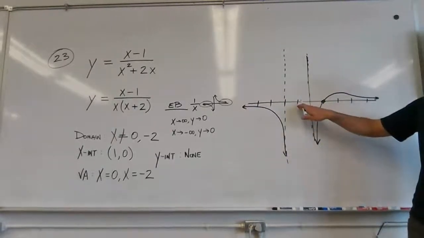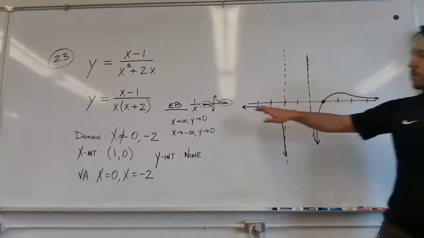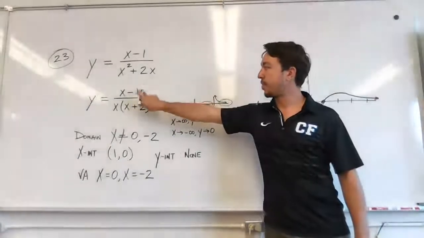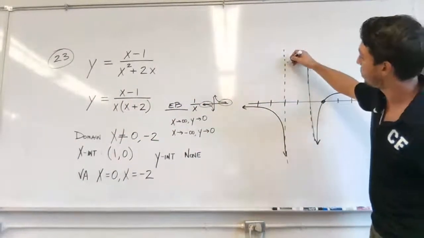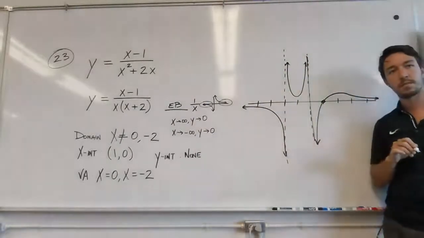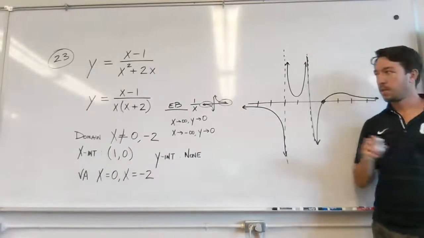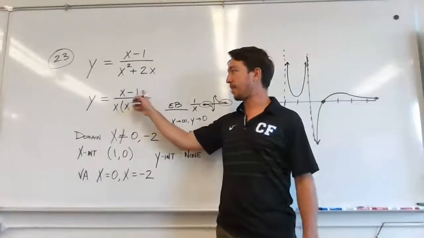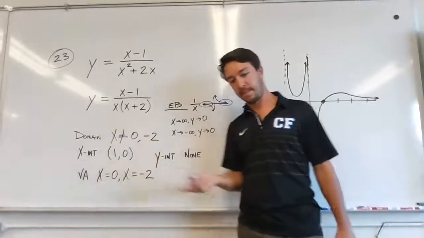If I plug in -1, will I have a positive y value or a negative y value? Let's see, plug in -1, we get negative, negative, positive. So that's positive. Does that make sense to everyone? Just to clarify, I'd have a negative number divided by a negative number, which is positive.